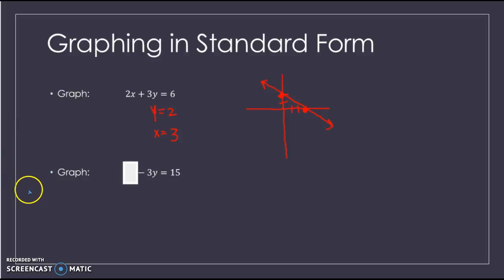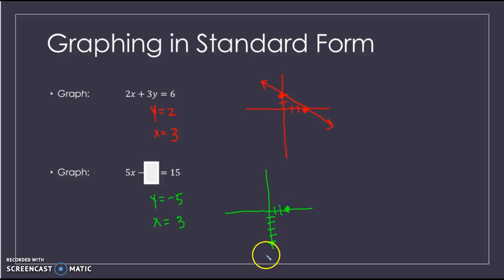So I get negative 3y equals 15, or y equals negative 5. To find my x-intercept, cover up y: 5x equals 15, x equals 3. So I'll go to my graph, to negative 5 on the y-axis and positive 3 on the x-axis. All I need are 2 points, and I can graph my line.